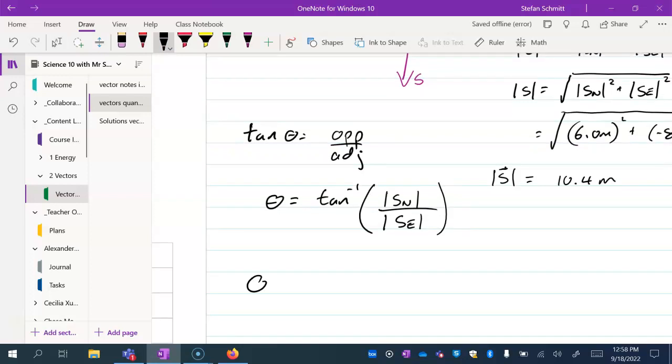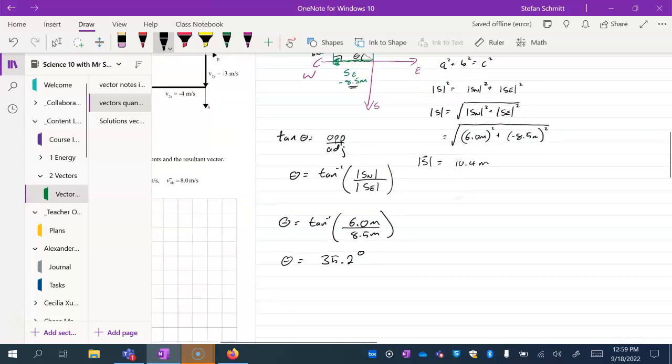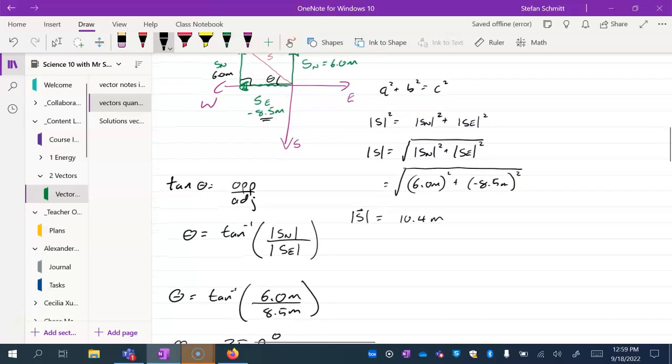When we put numbers in here, we get the arctan of 6.0 meters divided by 8.5 meters. Plug that into your calculator. You'll see that that angle is 35.2 degrees.